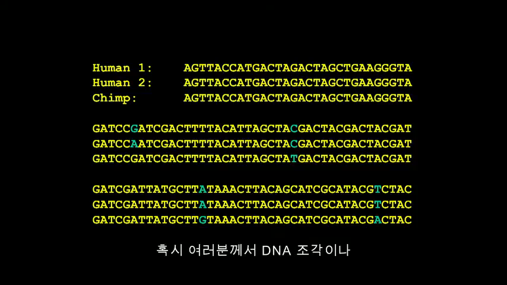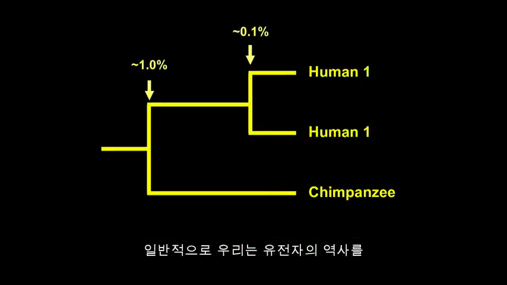And if you're interested in the history of a piece of DNA or the whole genomes, you can reconstruct the history of the DNA with those differences you observe. And generally, we depict our ideas about this history in the form of trees like this. In this case, it's very simple. The 2 human DNA sequences go back to a common ancestor quite recently.